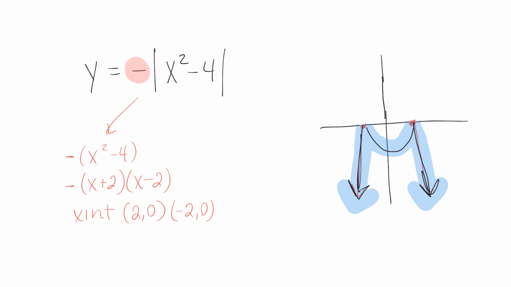And all I've done is take the middle portion of my parabola and flip it over to go with its arms. That's it. I hope that makes sense. And remember, when all else fails, make yourself a table of values, and you can always check your work in Desmos. If you're not sure, put it in Desmos and see what you're getting and work backwards from there, okay? All right, good luck.